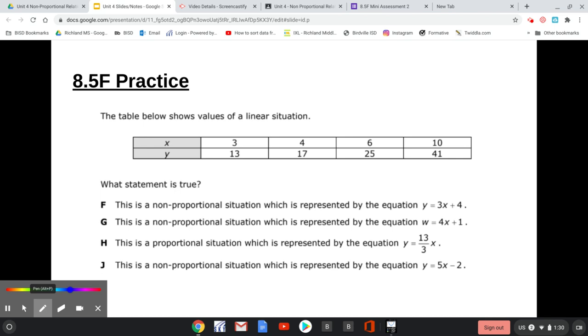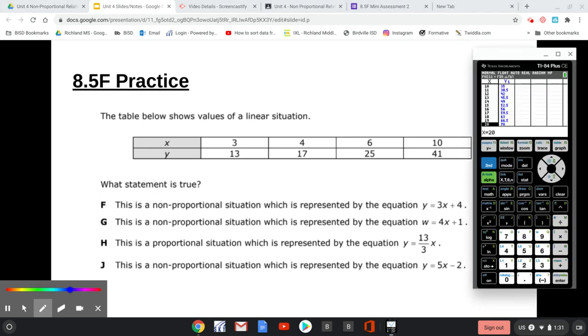We have a table, and they want to know what is true by this table. If we have a table, we're going to use stat edit. So I'm going to go to stat, enter, and I'm going to put in x as 3, 4, 6, and 10.